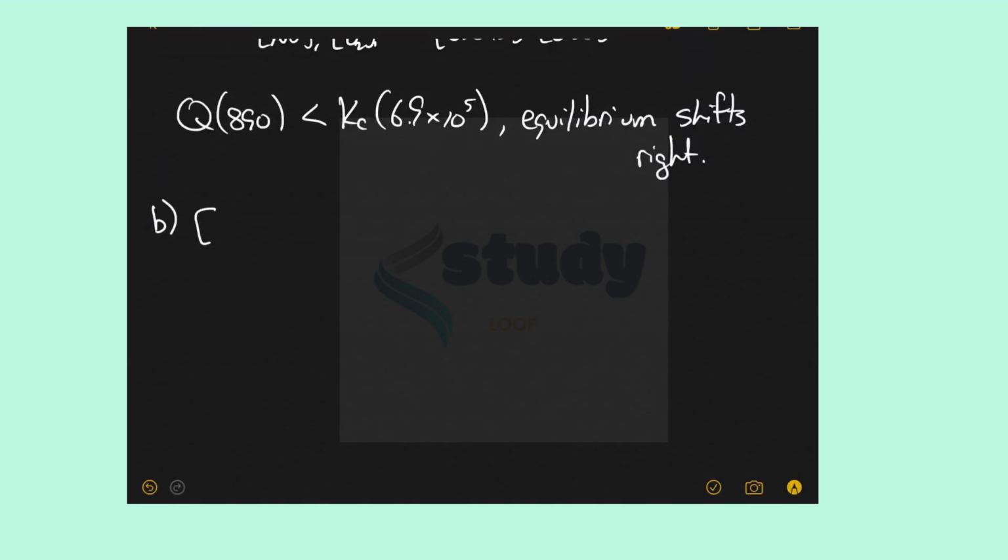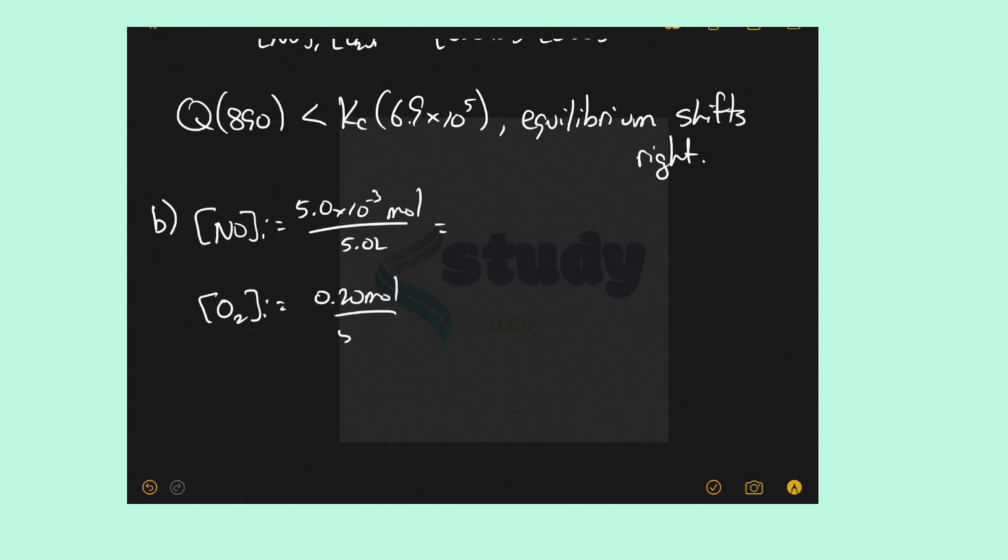We've got NO initial, which is 5.0 times 10 to the negative 3 moles in, again, a 5-liter flask. 0.20 moles of O2 initial, 0.20 moles per 5 liters, and NO2, we've got 4.0 moles per 5 liters.